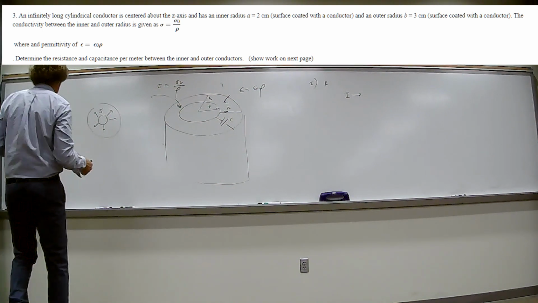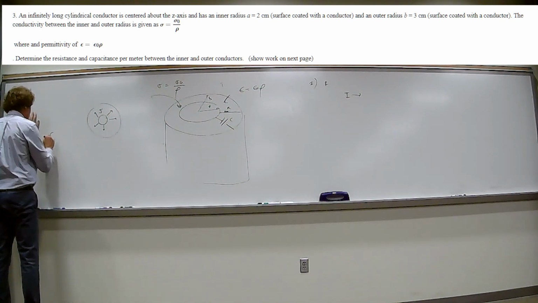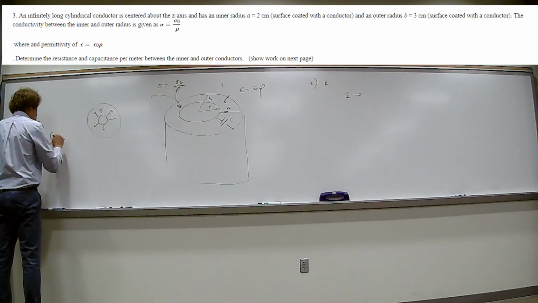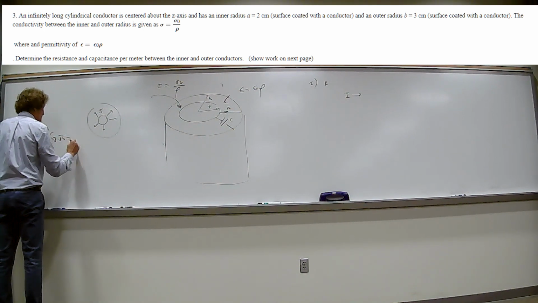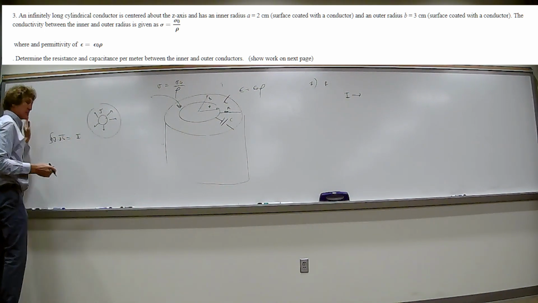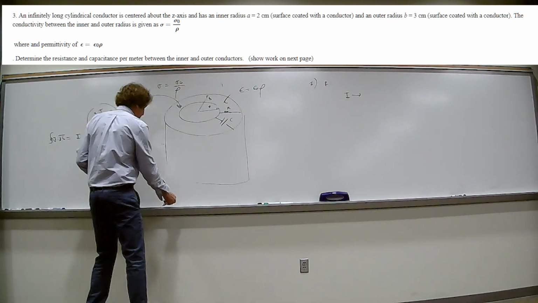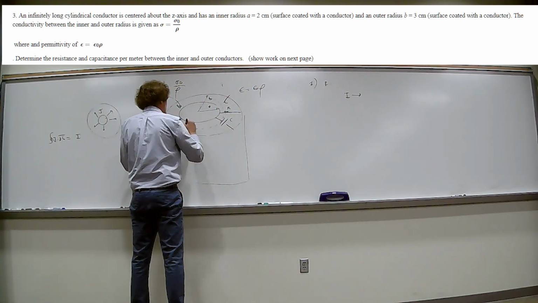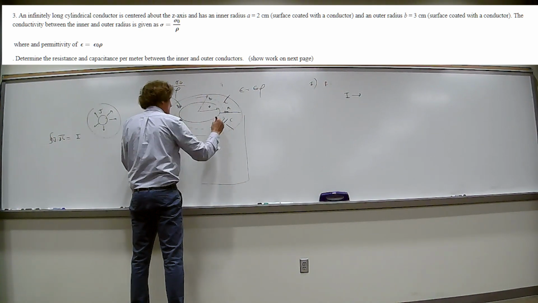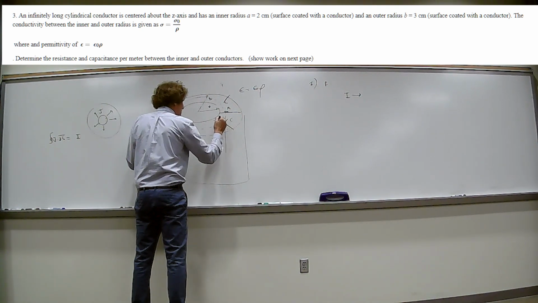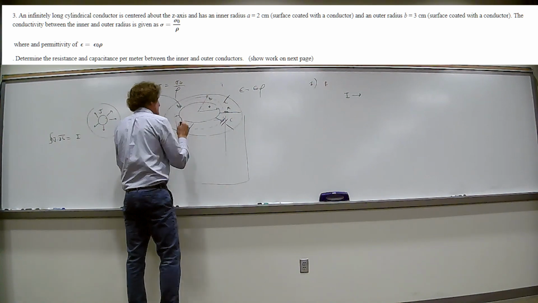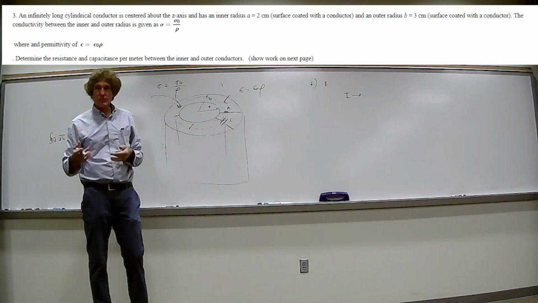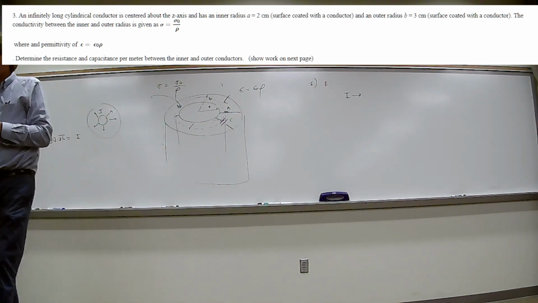And in general, you can think of it this way, that the integral of J dot ds over the closed surface is really going to be the I penetrating that surface. So if you went out here and showed something like this, it's all the current that penetrates radially outward from the inner to the outer surface, if you're assuming that current. Y'all follow me on this one, by the way?